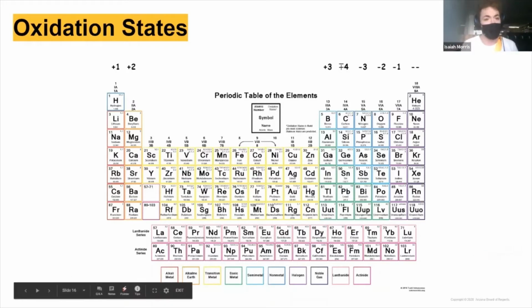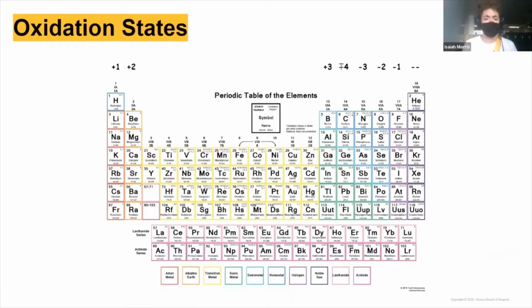If we think about a Bohr model or a Lewis dot model, and I'll be explaining more of the rules in a second, thinking about a Bohr model, how we have those 2 electrons in that first shell, and then we build up to the 8 afterwards, and we build up on those shells of electrons. Well, this is kind of the same thing. Hydrogen only has 1 electron in its shell, and as such, it wants to do something with that electron, and that's what all of these oxidation states really tell you about a certain element.